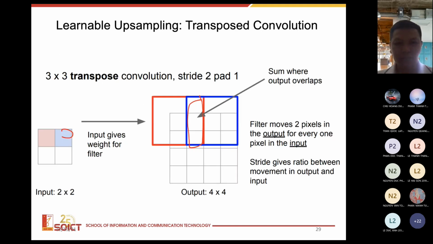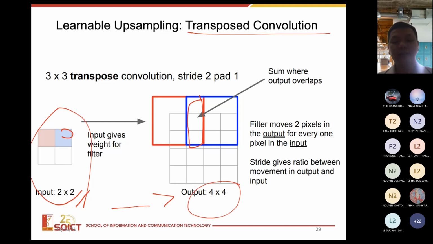By using transpose convolution, we can enlarge the input. For example, here we enlarge the input of size 2 by 2 to have an output of size 4 by 4. We use the input element as the weight for the filter, and we multiply it with every element in the filter.